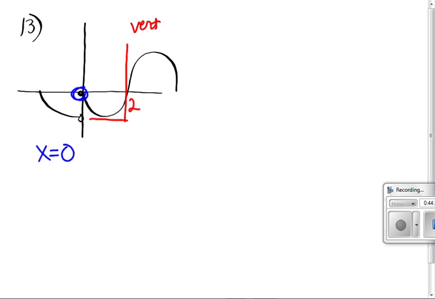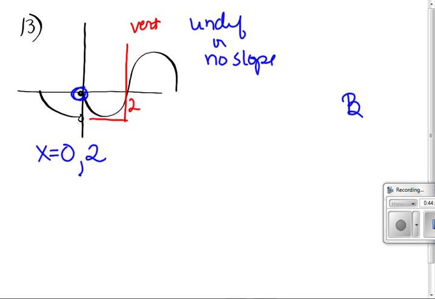At where? Okay, James, you're not going to know this. It's at 2. Because a vertical tangent, what's the slope of a vertical tangent? We say it's either undefined or we say it's no slope. So the answer is B. The derivative exists.